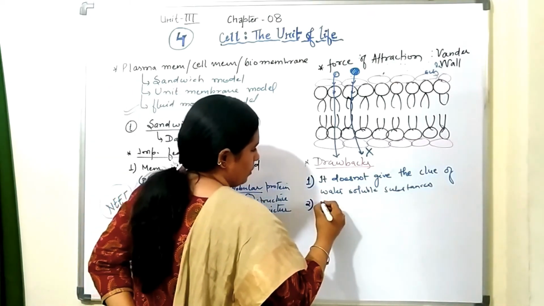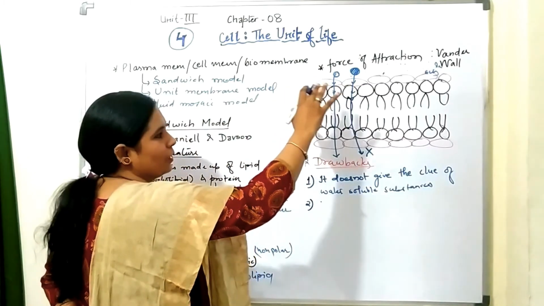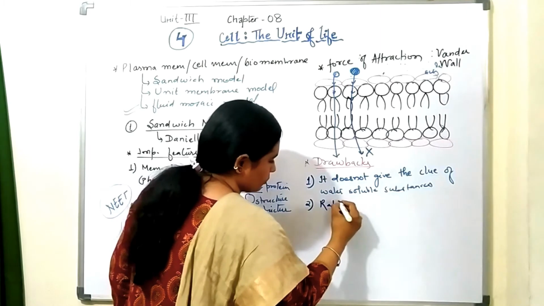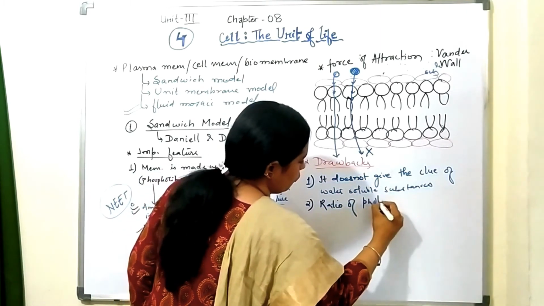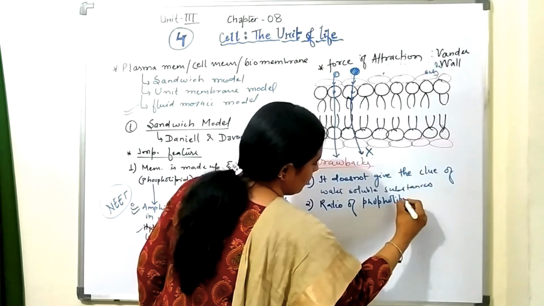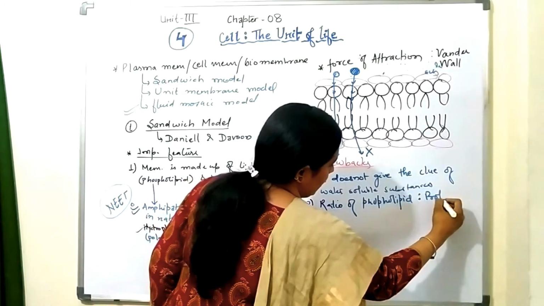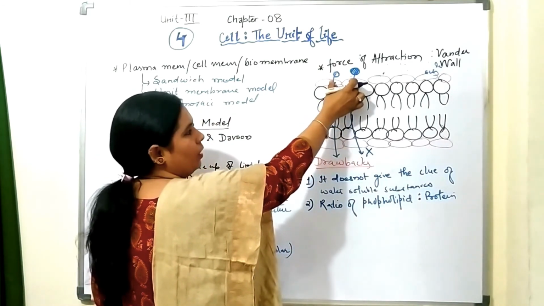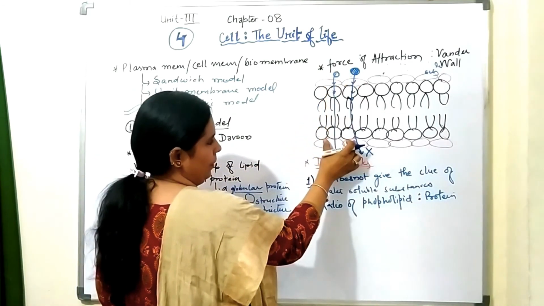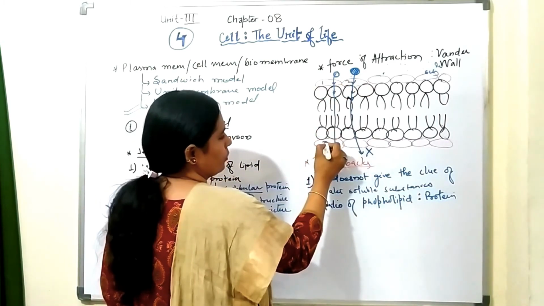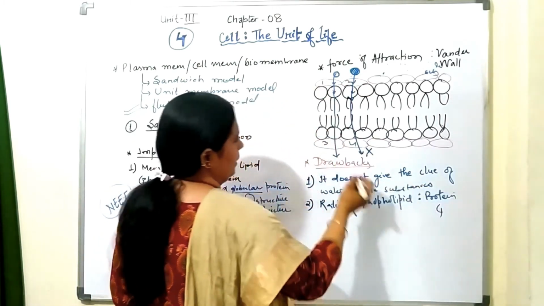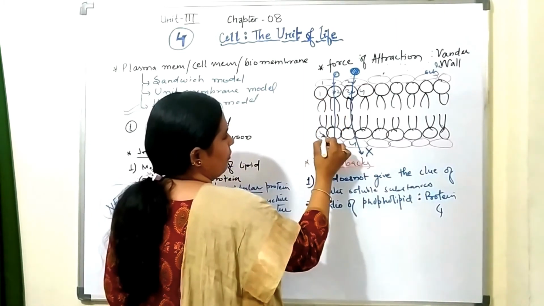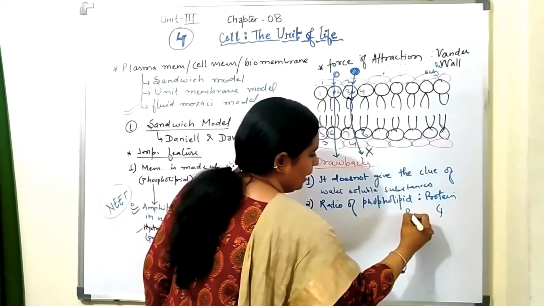The other was, according to the model, you will not be able to see that the ratio of phospholipid to protein is changing anywhere. If you see here, there are two proteins here, two proteins here, 1 2 3 4. There are 4 proteins and 1 2 3 4 5 6 7 8, 8 phospholipids.